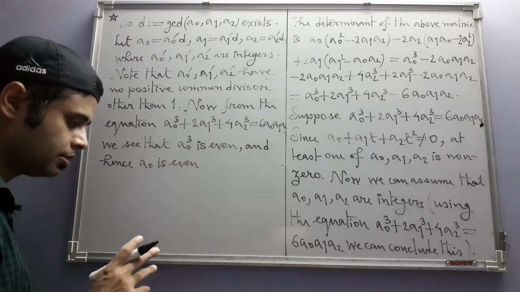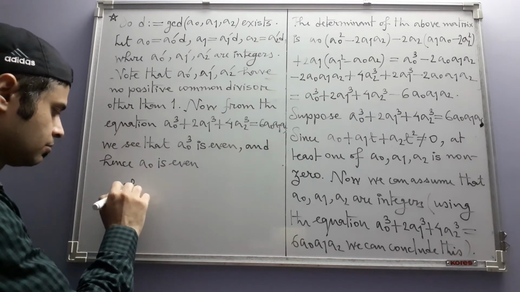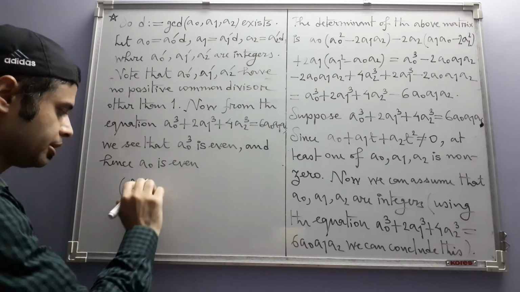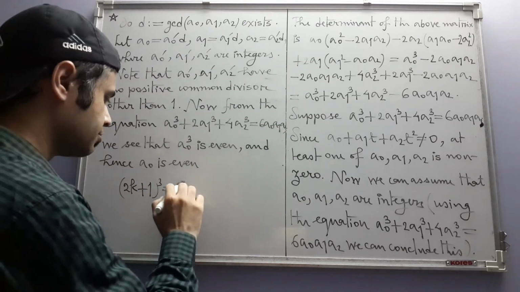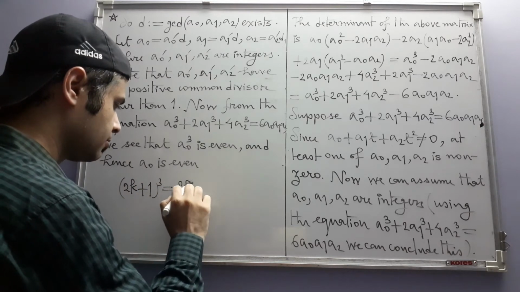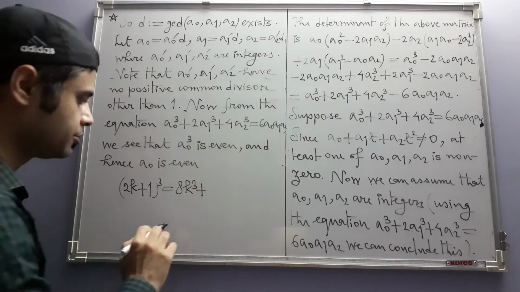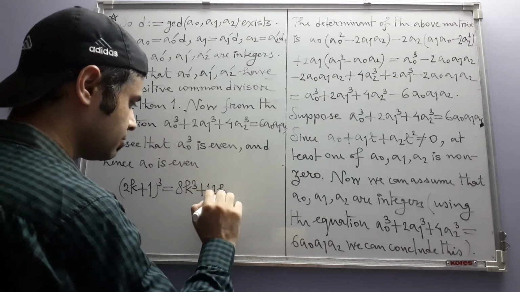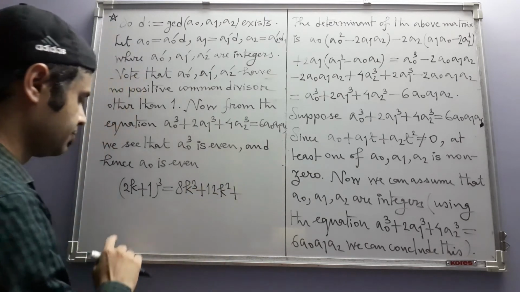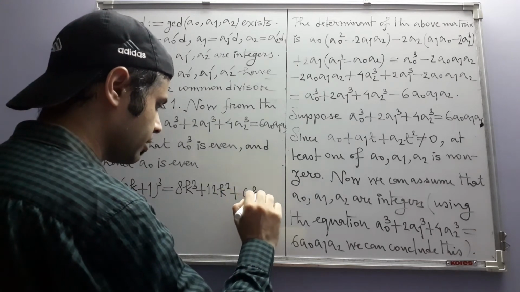The conclusion that evenness of a0 cube implies that a0 is even is easy to justify. If you take the cube of an odd integer, say 2k plus 1, what will you get? 2k whole cube, so that is 8k cube, plus 3 times 2k whole square, so 12k square, plus 3 times 2k, so 6k, plus 1.